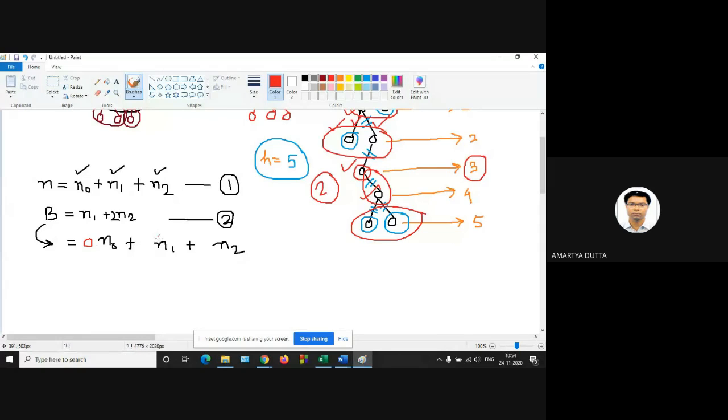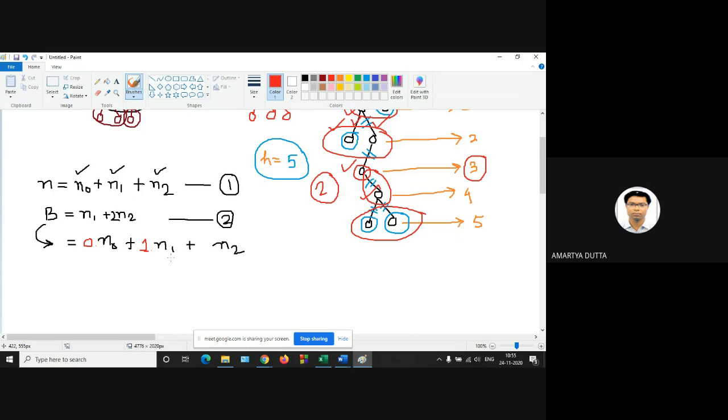Now for n1, what do you mean by n1? n1 is the number of nodes with exactly one child. So how many branches are associated with the n1 nodes? Any idea? One. Because one branch is connected to each n1 node.